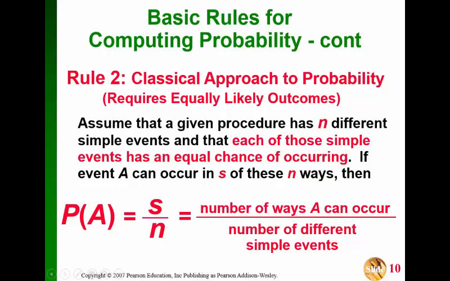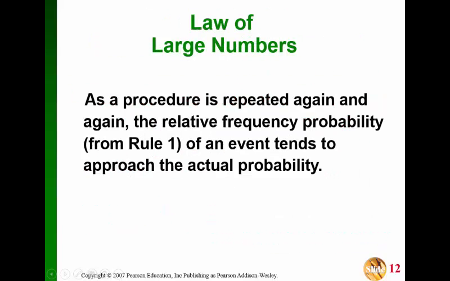It's not 0.5, so it's a little bit different. But the law of large numbers says that if you repeat your procedure many, many more times, then you'll eventually start looking like the actual or the classical probability.